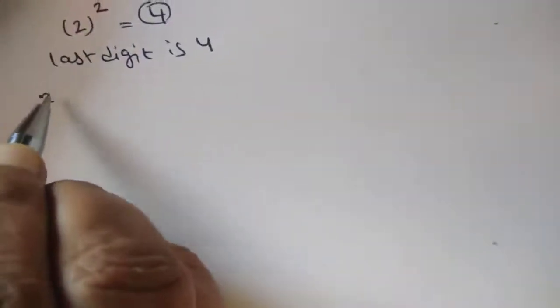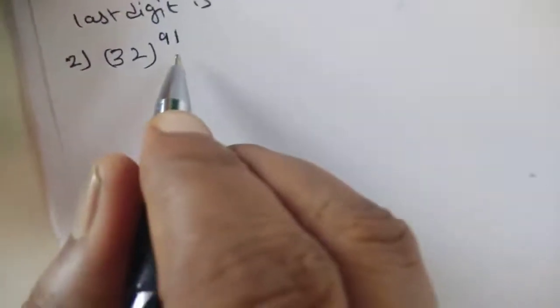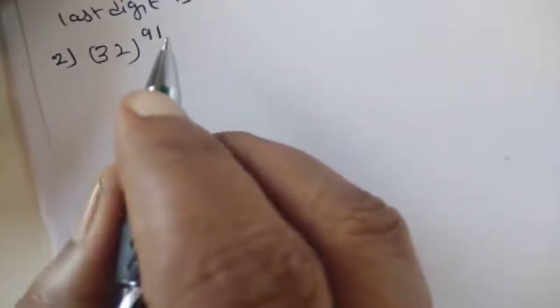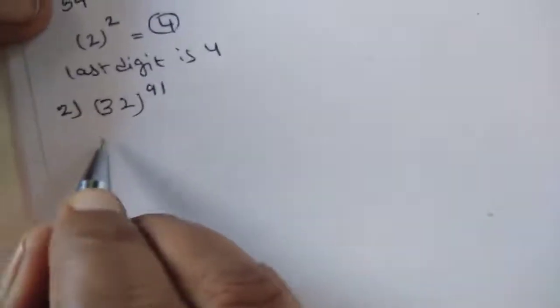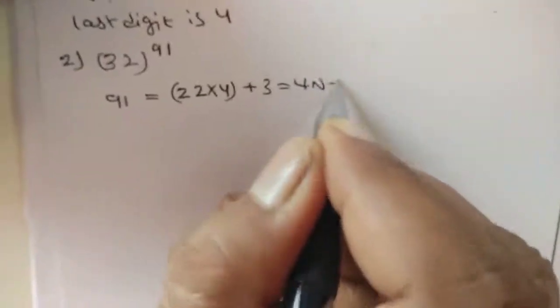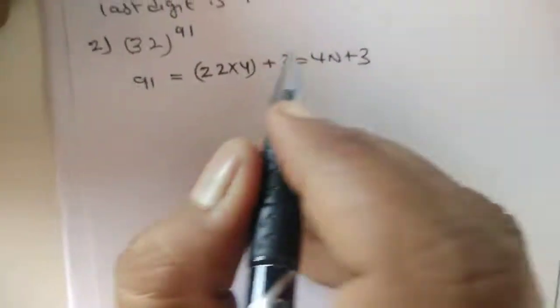Take the second problem. 32 power 91. And what will be the last digit? Here you take this power 91, it can be written as 22 into 4 plus 3. This is 4n plus 3 system.